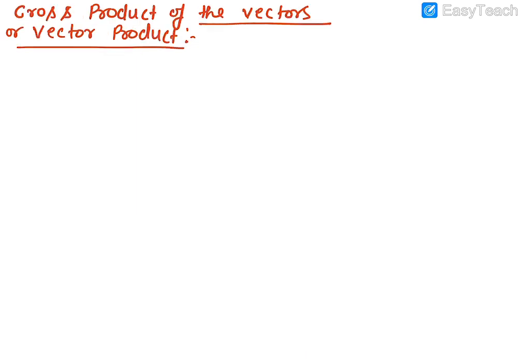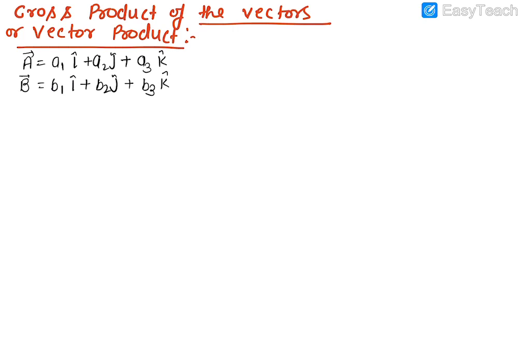Now next is the cross product, or vector product, of the vectors. Again consider any two vectors: a vector a1 i cap plus a2 j cap plus a3 k cap, and another vector b, which is b1 i cap plus b2 j cap plus b3 k cap.